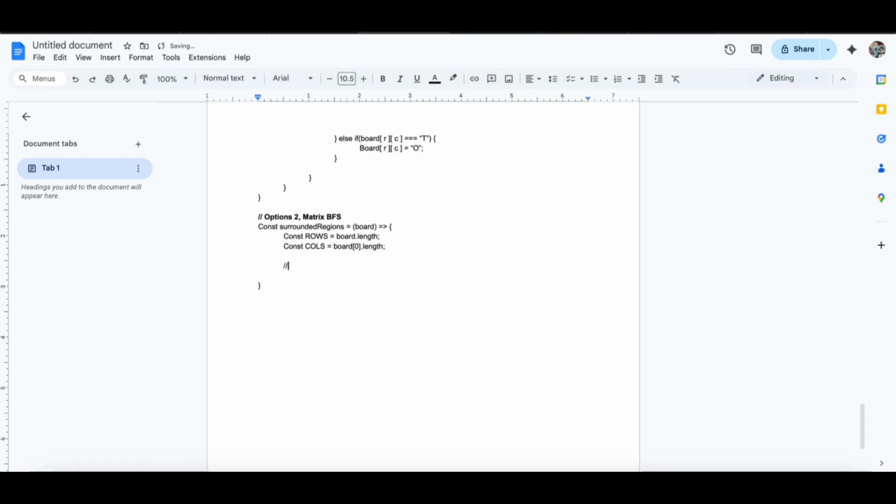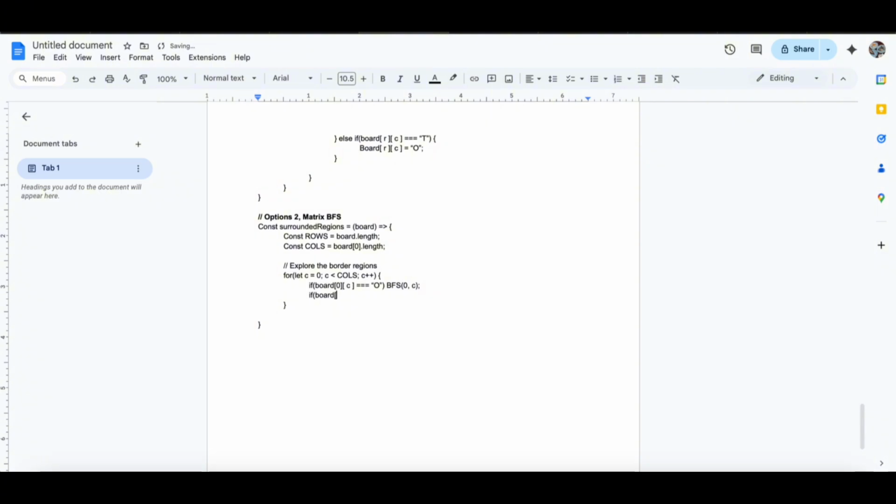Okay, then let's explore the border region, right? For let C is 0, C is smaller than cols, C plus plus, then if first row is having any region, we need to do the BFS.